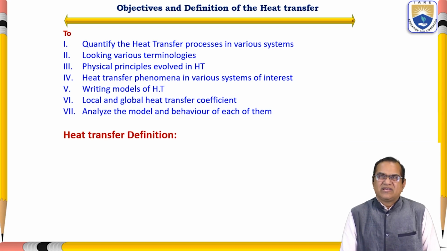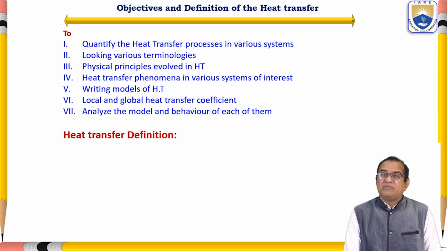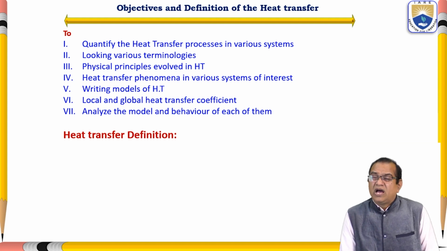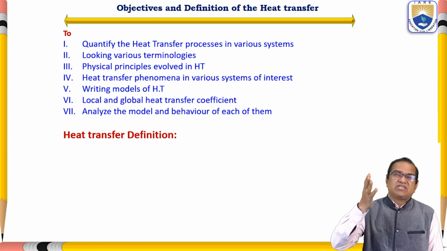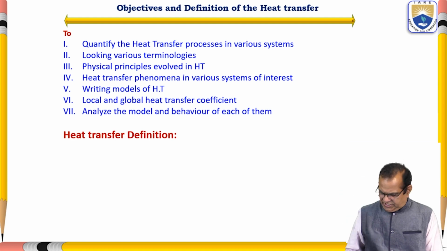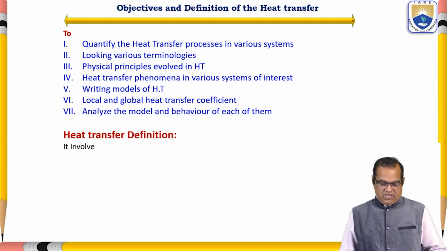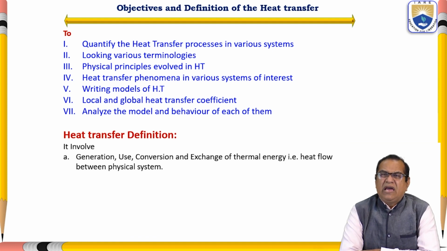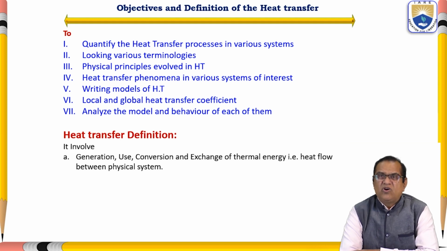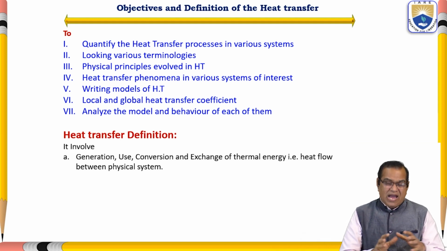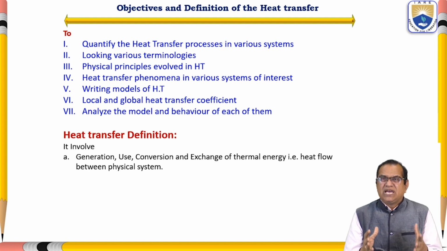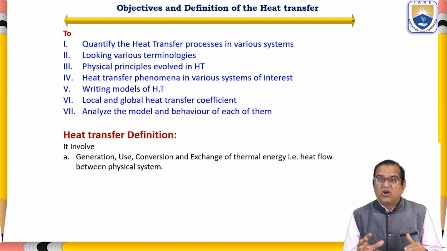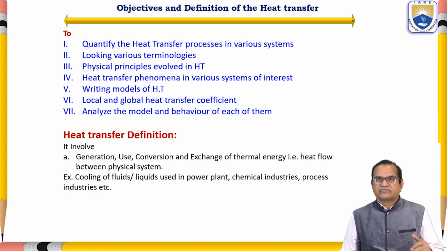So these are the objectives which we will be undertaking in our next classes. Now the definition of heat transfer. It involves generation, use, conversion and exchange of thermal energy, that is heat flow between physical systems.